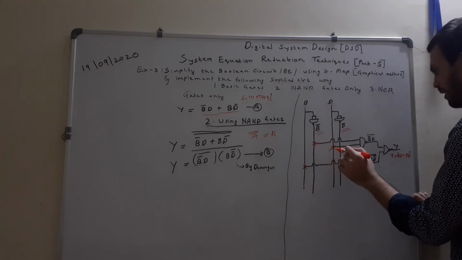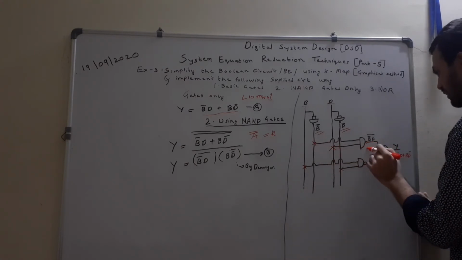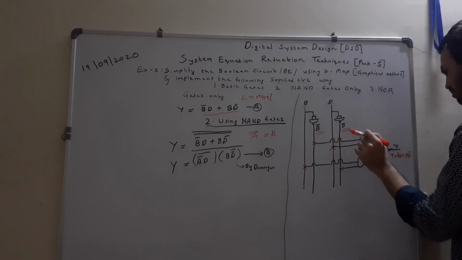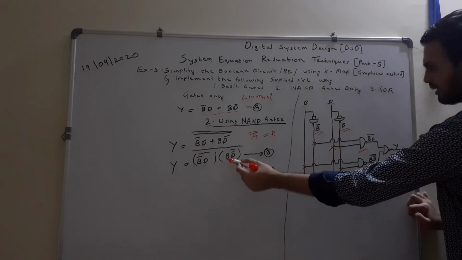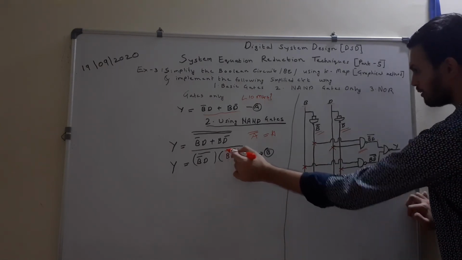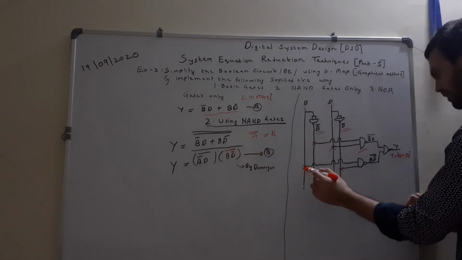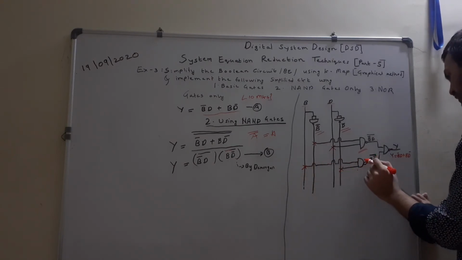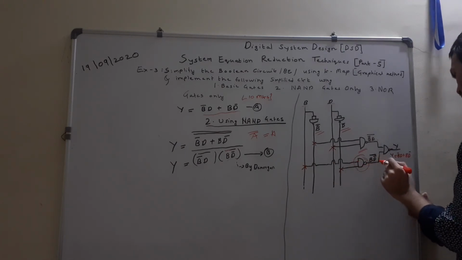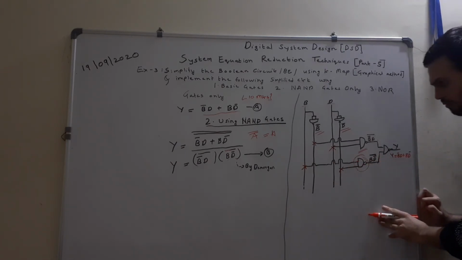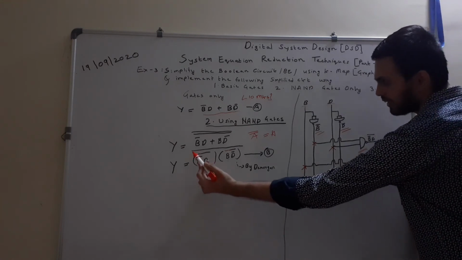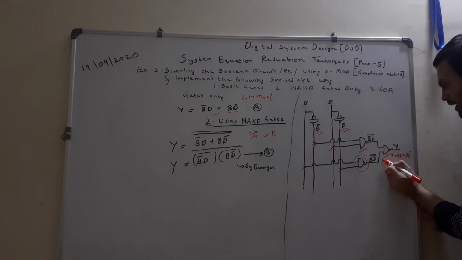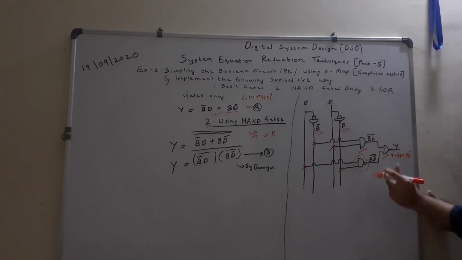I have taken b bar and d from here and connected it to a 2 input NAND gate. So I get the term at the output b bar d the whole complement. Similarly with the second term, bd bar the whole complement, I have tapped the signal b and tapped the signal from d complement, and then connected to a 2 input NAND gate to get this particular output, that is bd bar complement. And the final output y contains one more complement over here. So for that complement I have used another NAND gate and I get the final output y.